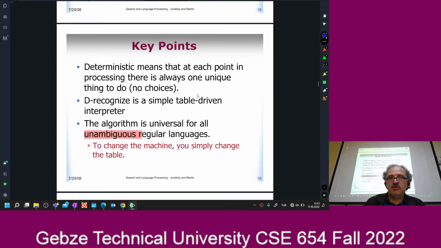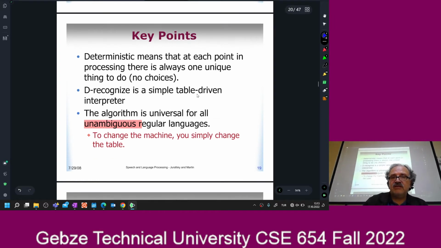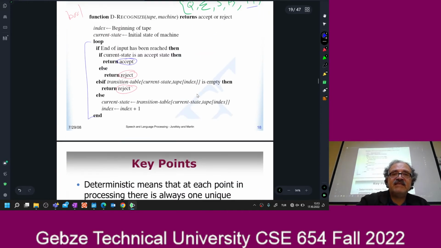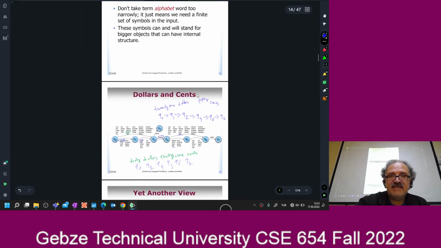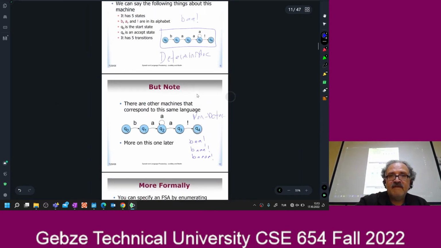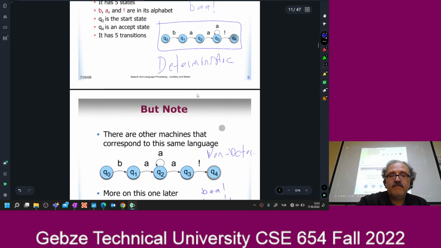So unambiguous regular languages are okay, but ambiguous ones are okay too. I can handle it with no problem. Of course, it will be more expensive, but I can do it. Again, the interesting thing is, these two represent exactly the same thing.